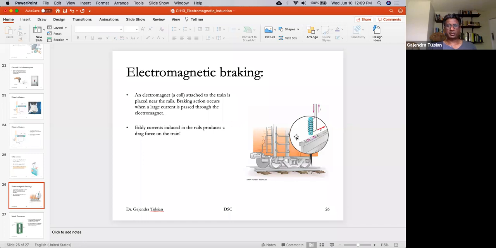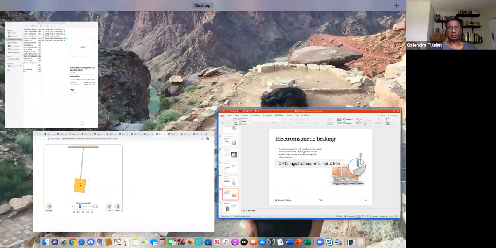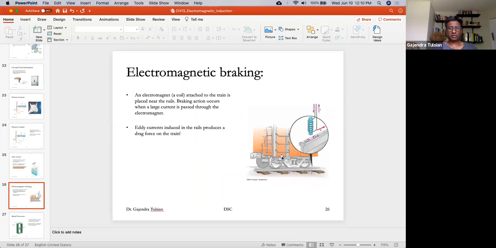This is electromagnetic braking, and the advantage is that there are no brake pads, you don't have to worry about wear, nothing wears out, and all you do is flip that switch, and the train stops. And there will be no jerks.